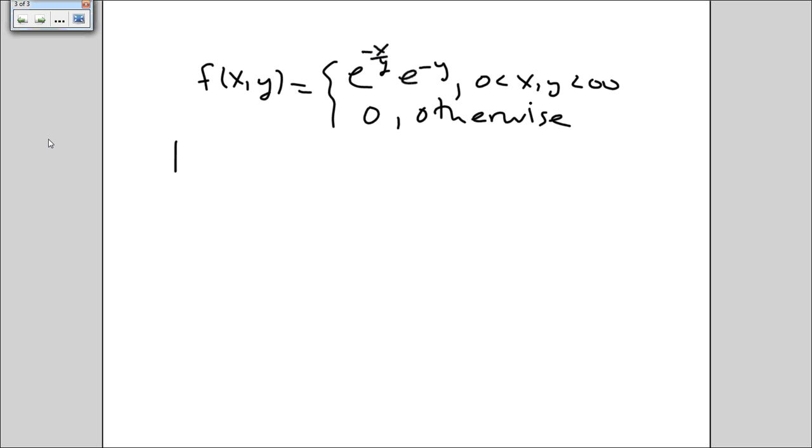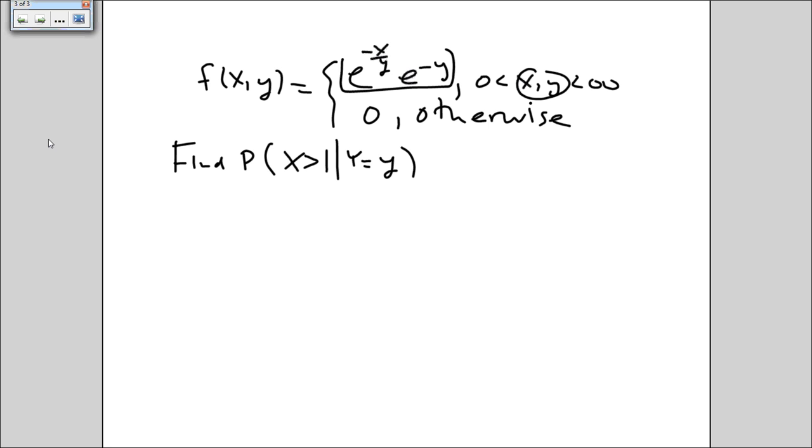So now we want to find the probability that x is more than 1 given that y is some value bigger than 0. Because again, only when x and y are both positive do you get this. That is, when x and y are not both positive, you get 0. There are 4 cases.